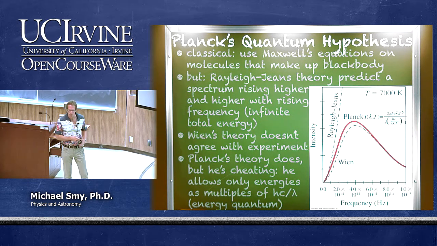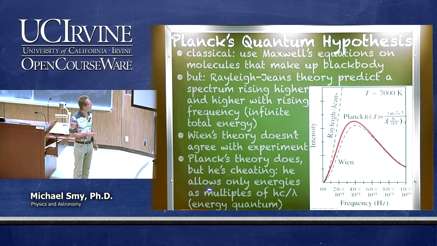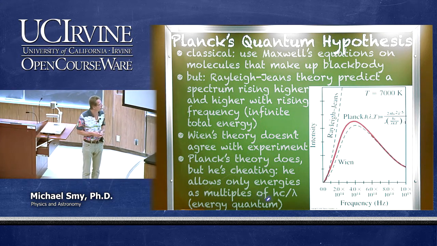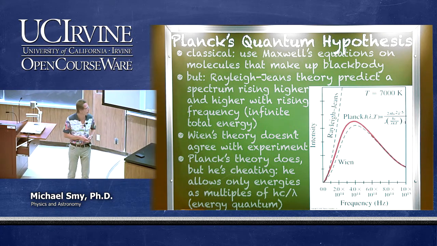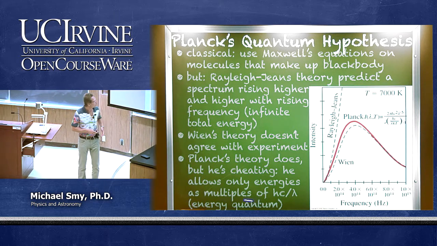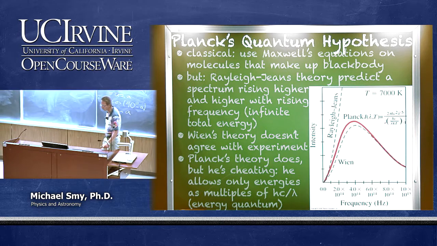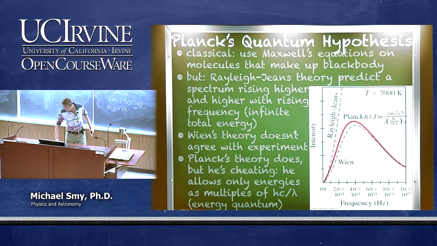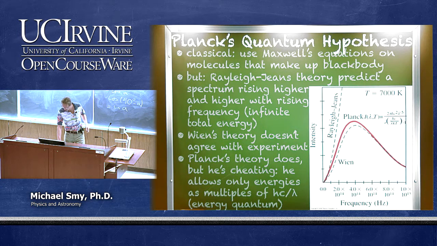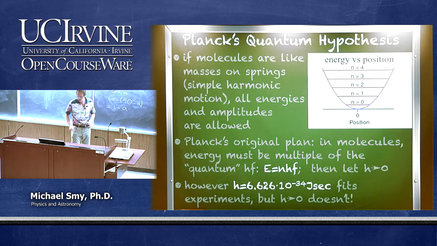However, he cheated because he allowed only energies as multiples of h times the speed of light divided by lambda. And you can call that the energy quantum. And so energy ought to be continuous. So this is really an incorrect assumption. However, it seems to phenomenologically correctly describe experiment.